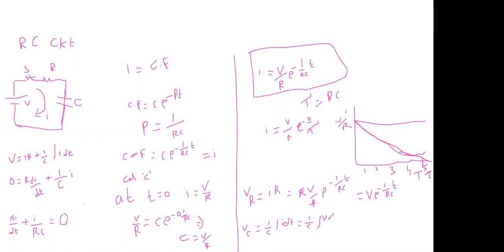V by R e power minus t by RC into dt. See the voltage across the capacitor. Here 1 by C is a constant, and V by R is also a constant, so both are common. Integral of e power minus t by RC.